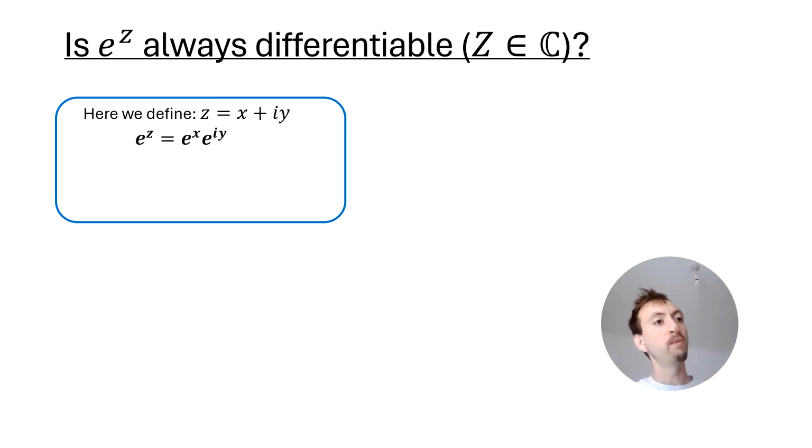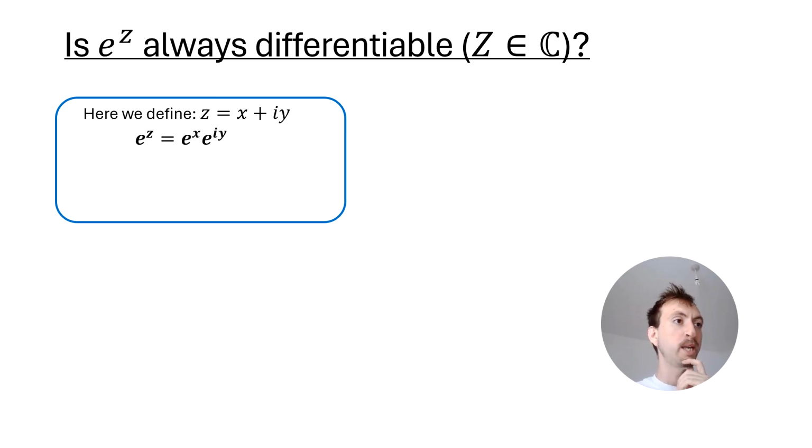And doing it in the complex case, we see that e to the z is some real function e to the x, so a traditional exponential function, multiplied by some phase factor e to the iy. So this is almost like an exponential growth, but with a unit complex number allowing the phase, if you like, of this function to change.